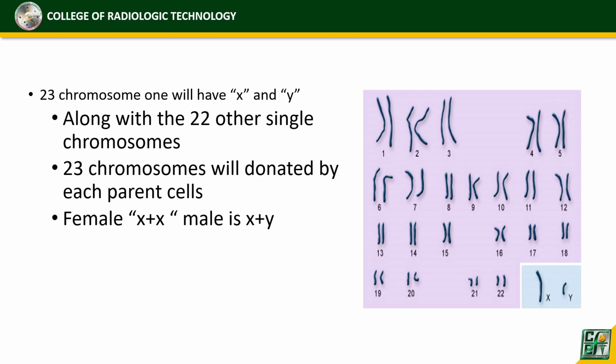So the female, ang female ay dalawang X na chromosome. Ibig sabihin, yung ika-23rd chromosome niya ay parehas na X. Let's say the egg cell has X chromosome as its 23rd chromosome, and the sperm cell has the X chromosome as the 23rd chromosome.